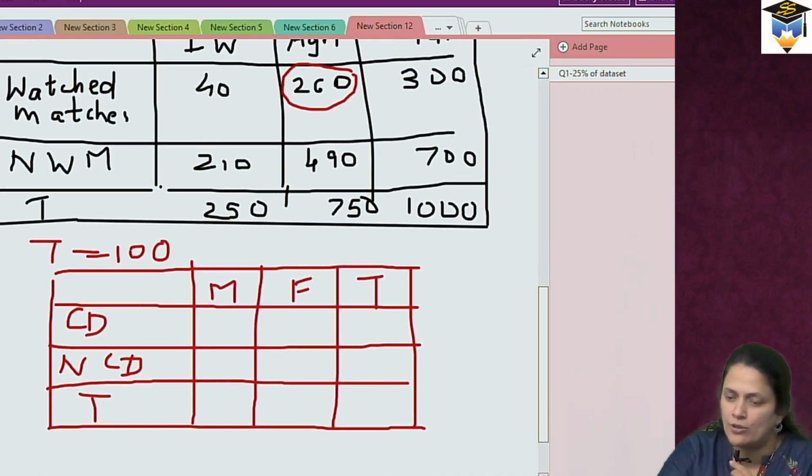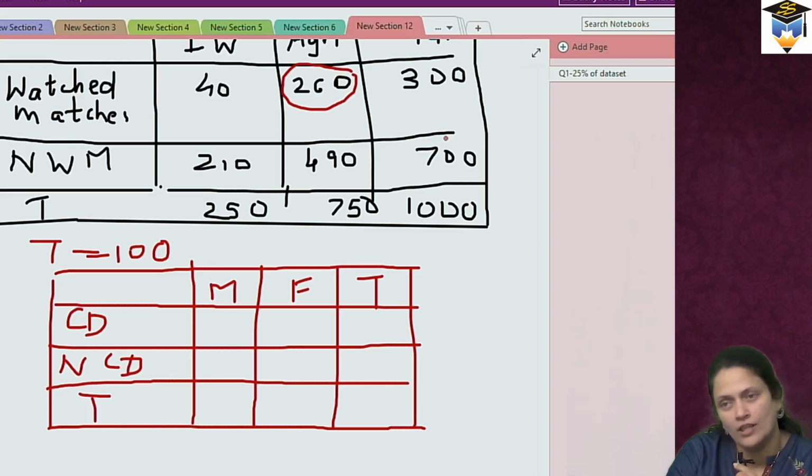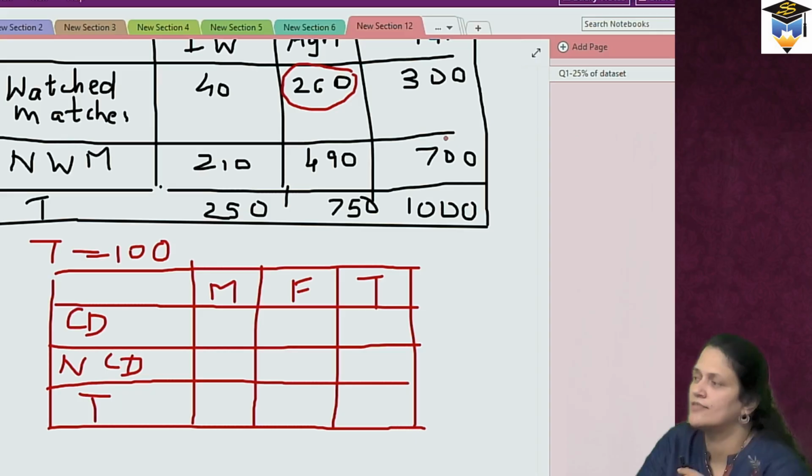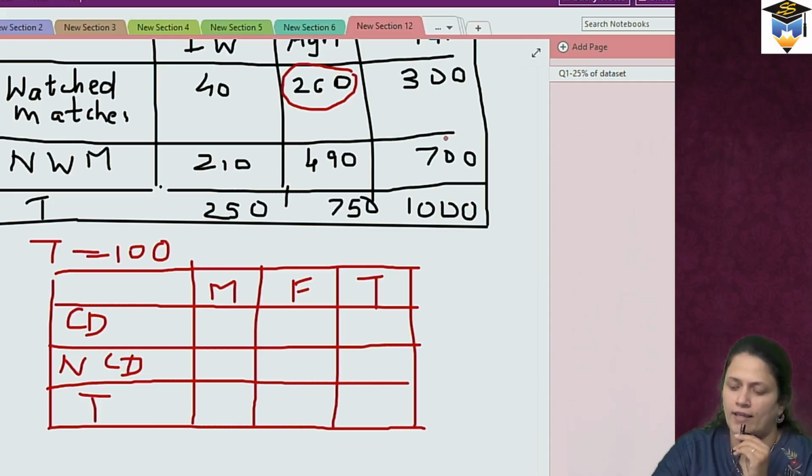Now tell me, how many male coffee drinkers? Okay, what all is given? So 45% of, so what is total? 100. So 45% of 100, so 45 upon 100 into 100, that comes out to be 45.